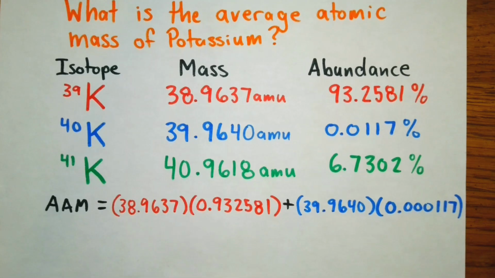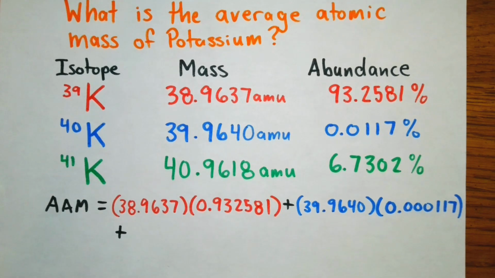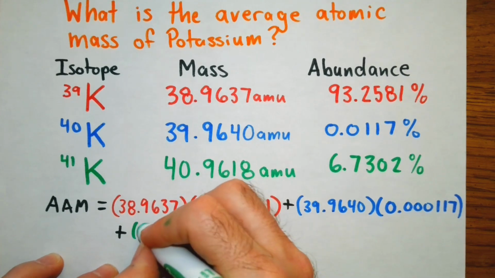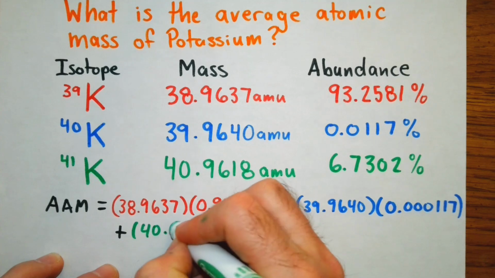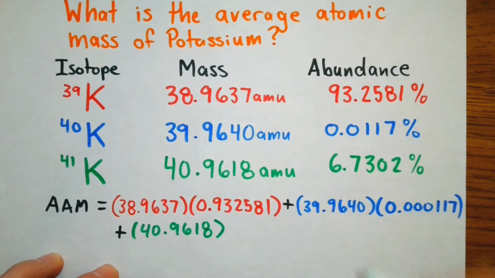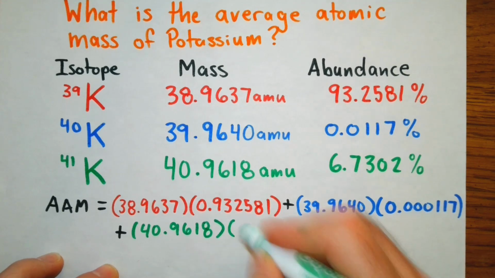It's a lot of zeros. And then we're going to add again, plus, continuing on below, 40.9618, that's the mass of potassium-41, times its abundance in decimal form.